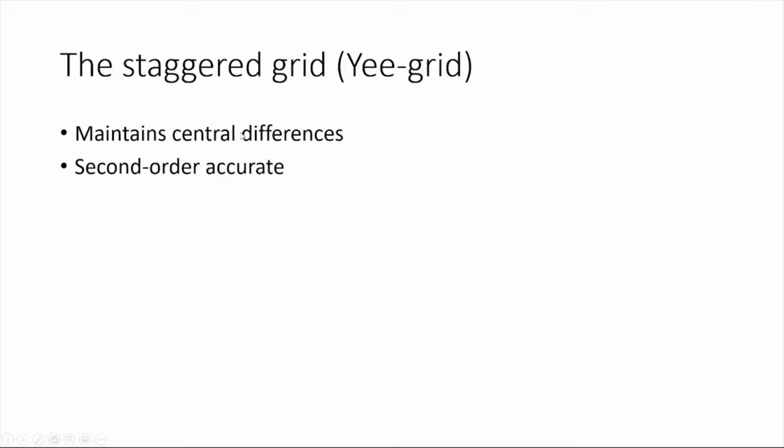Okay, so the reason why we like this staggered grid is that it maintains the central differences. If you're interested in what central differences are, I would recommend picking up any sort of numerical methods textbook, because there are central differences and then there are forward differences and backward differences. Central differences is what the FDTD algorithm is based on.